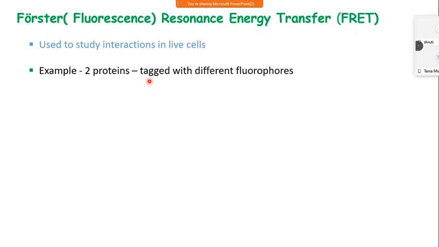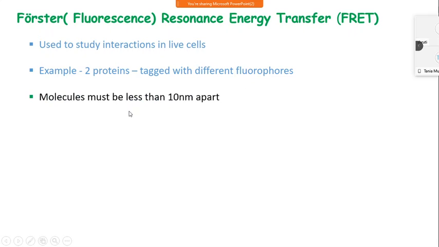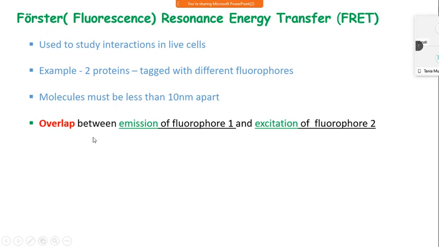If we take two proteins tagged with two different fluorophores, as I already mentioned, the molecules must be less than 10 nanometer apart, otherwise there will be no overlap, so it cannot occur. The key thing is there must be an overlap between the emission of the first fluorophore and the excitation of the second fluorophore.